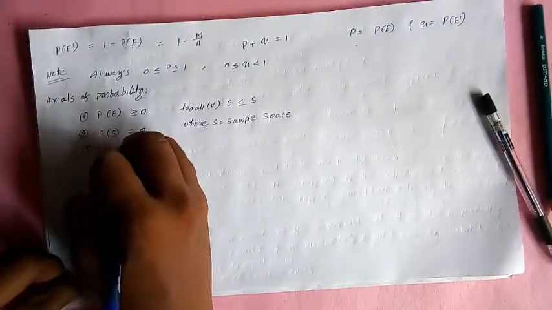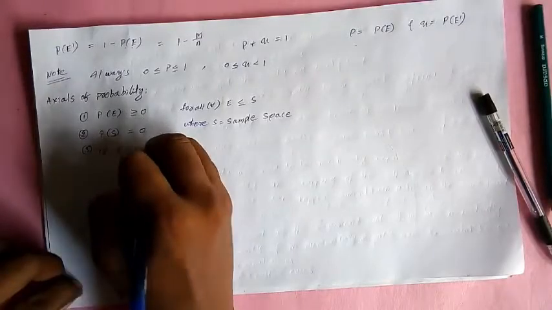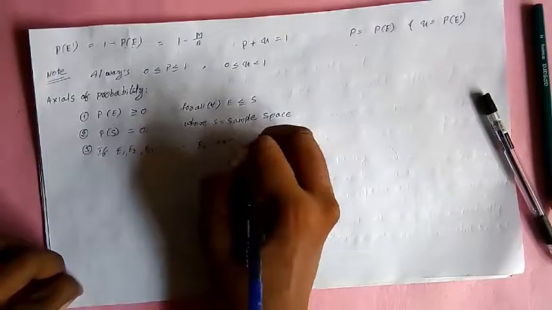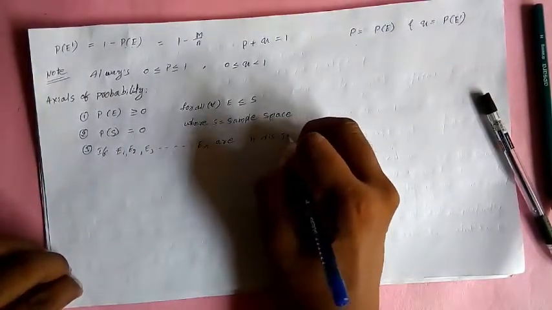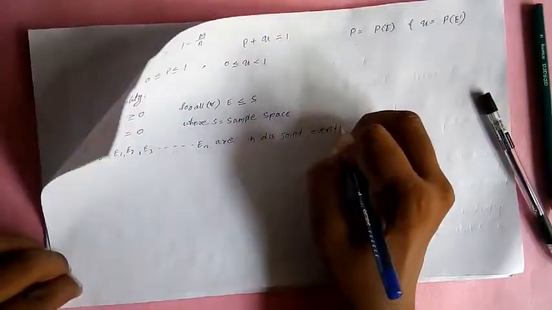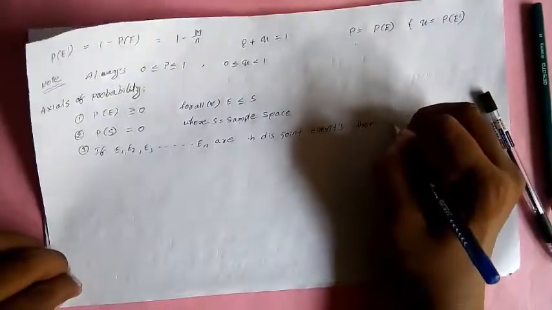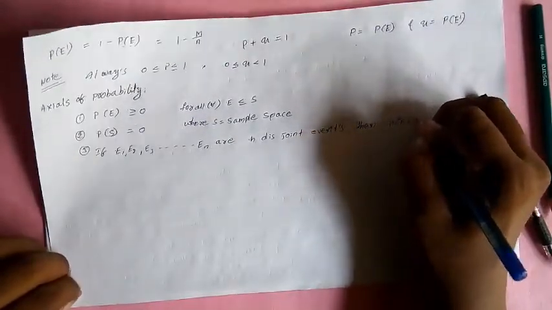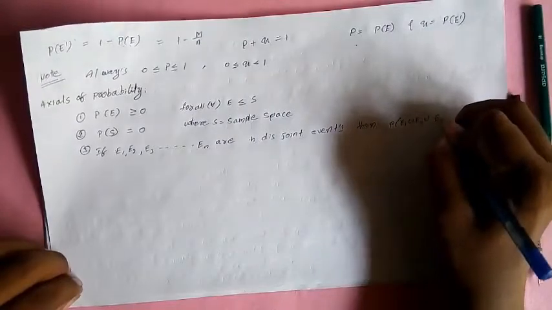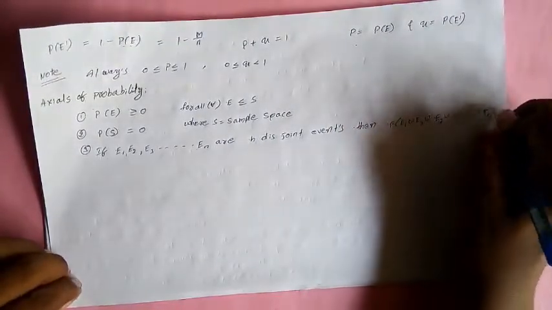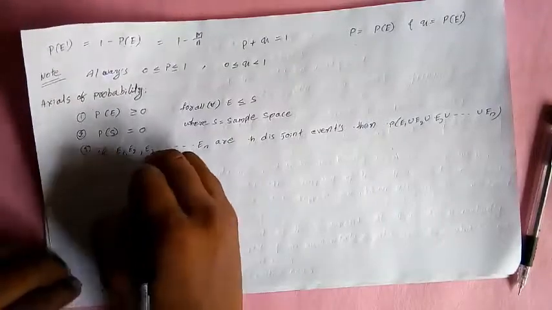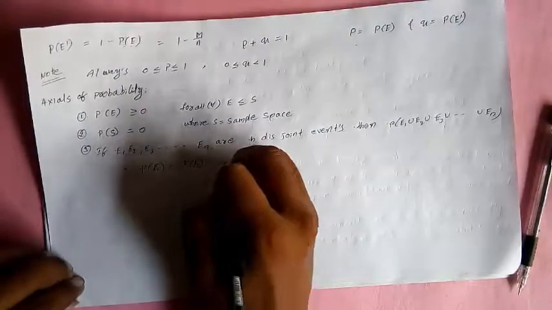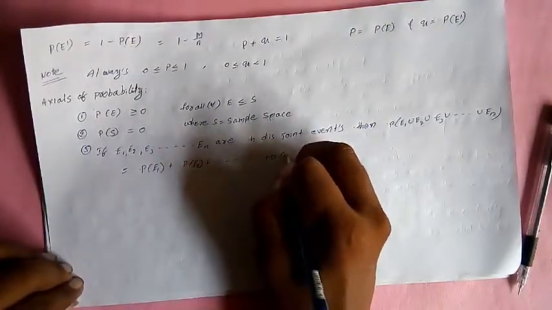if E1, E2, E3 and so on until En are n disjoint events, then P of E1 union E2 union E3 and so on union En is equal to P of E1 plus P of E2 plus and so on plus P of En.